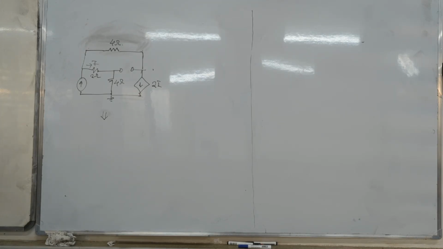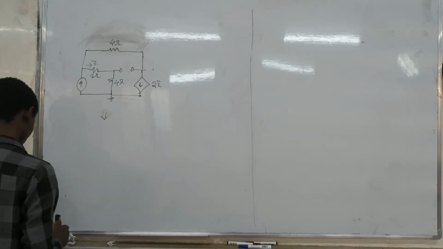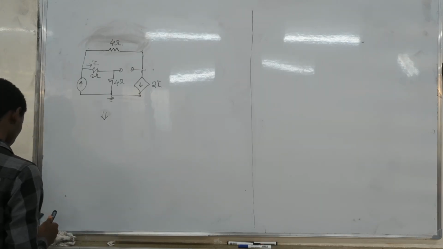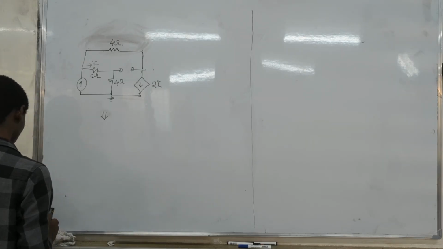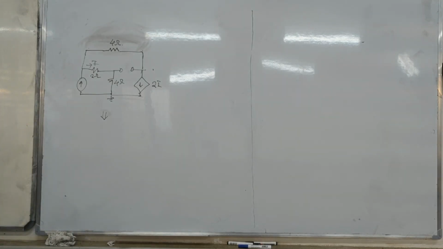Independent sources. You switch them off. In this case, we have a current source. So what do we do to the current source? We open.